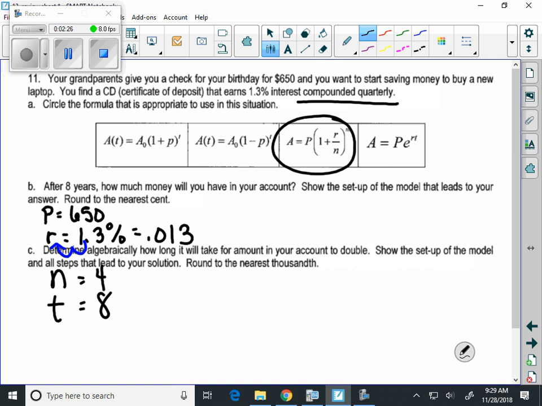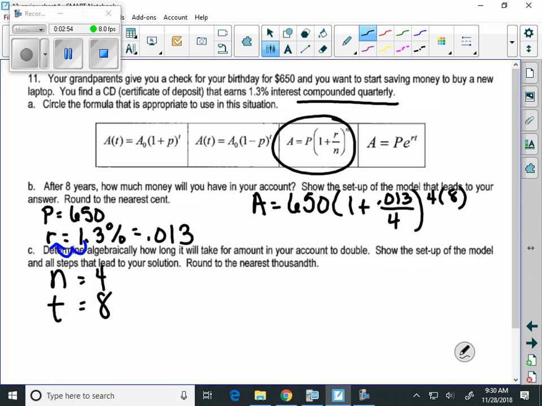I personally find it helpful to write down what we know before I put it in the formula. If that works for you, good. If it doesn't, don't do that. But we're going to fill it in: 650 times 1 plus 0.013 divided by 4, to the 4 times 8.